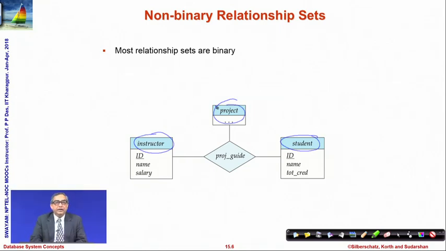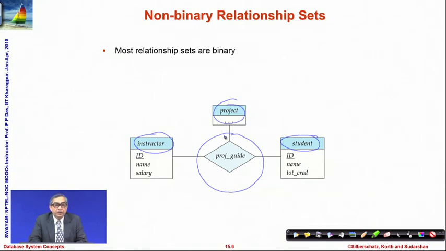The project entity set is a list of projects being done, or to be done, by the students. The relationship project guide is a relationship between the guide, who is an instructor, the student who will do the project, and the project that has to be performed.